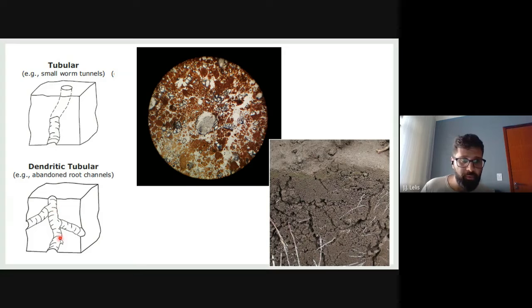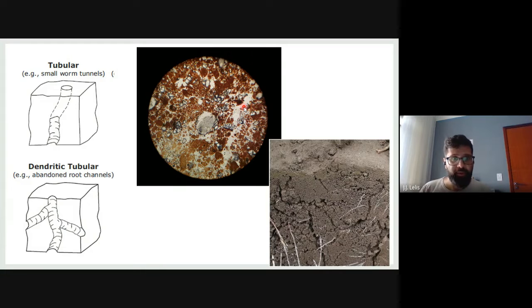They are wormholes, or they are expressions of roots that formed these voids because they grew inside a specific horizon or layer, and after the death of the plant, the organic material decomposed and the void expresses the ancient action of the root there. So the dendritic tubular or tubular voids express biological activity.